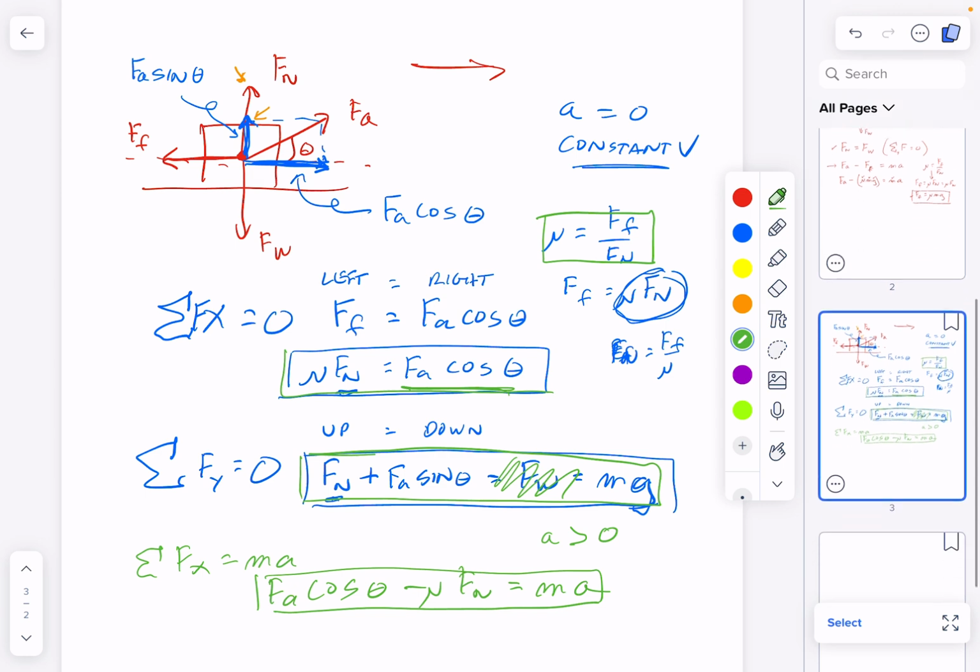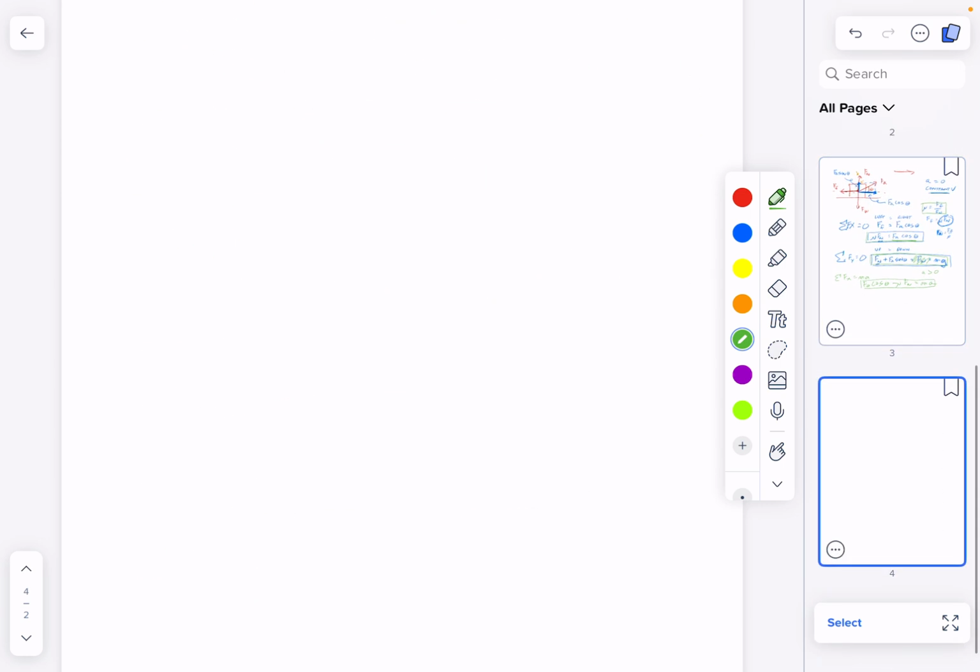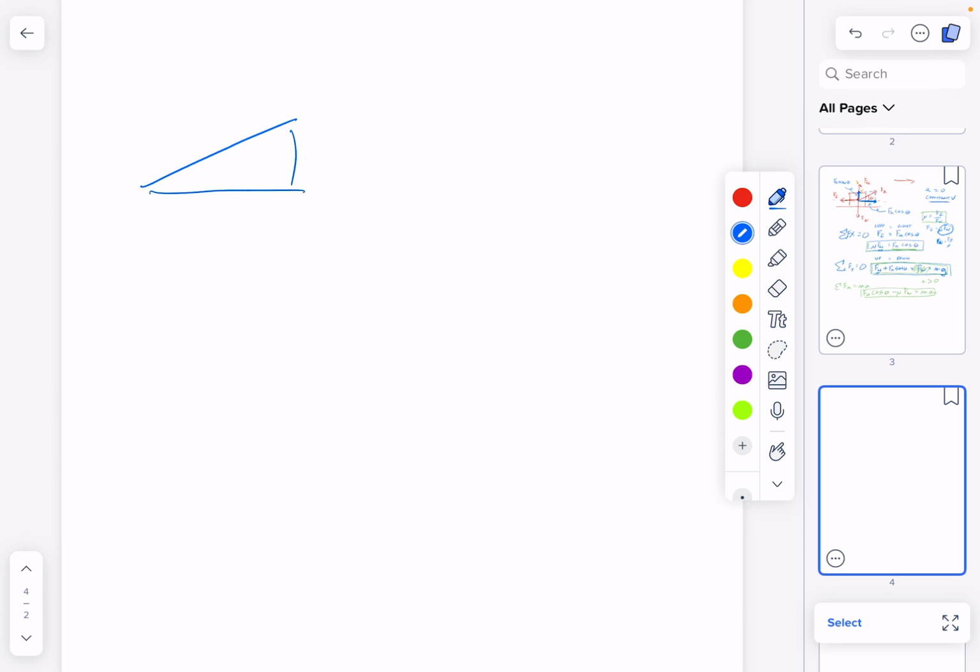Now, let's look at the situation where we have an object on an inclined plane. There's my block. There's my force of weight. My normal force is perpendicular to the surface. Don't draw it vertically.